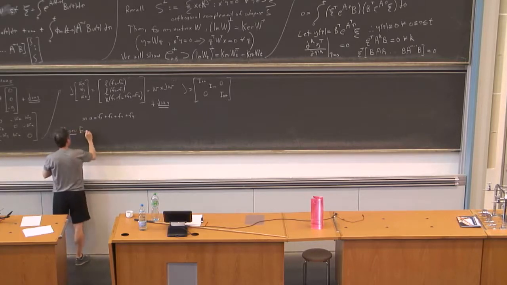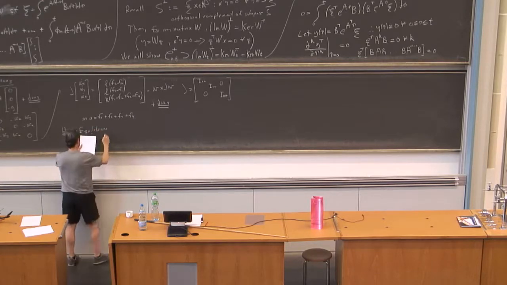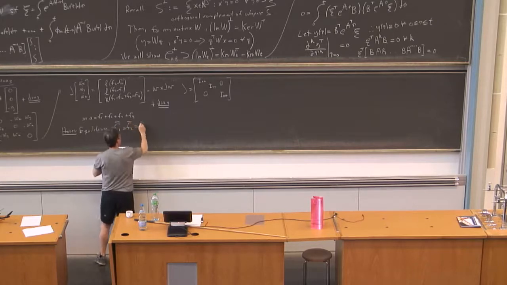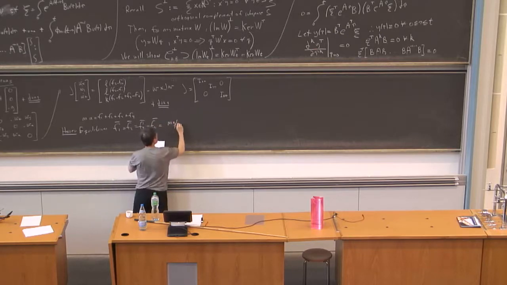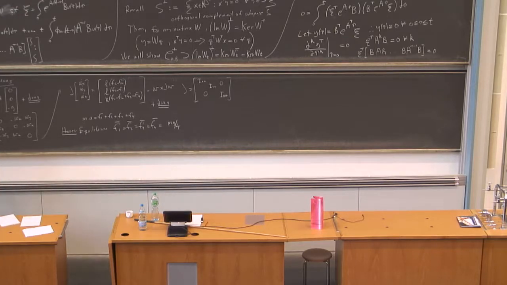the hover equilibrium. You have that F1 bar is equal to F2 bar is equal to F3 bar is equal to F4 bar, which is nothing but mg divided by 4. And the equilibrium orientation is just this thing having no roll or pitch angles.